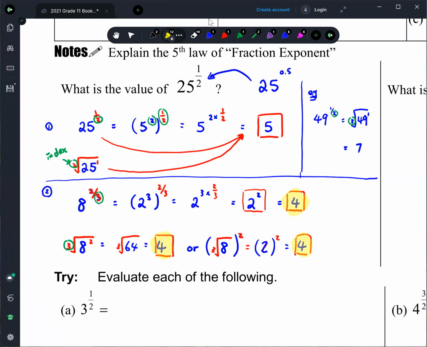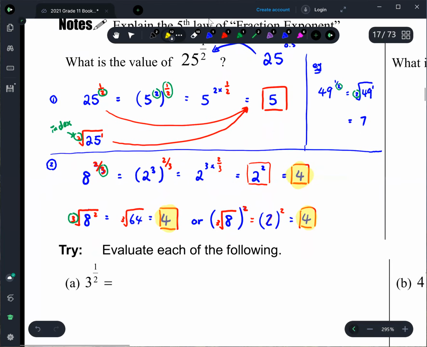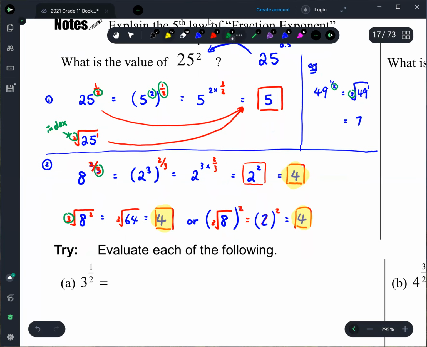So just remember, the only rule you need to master today is the denominator has to go outside. With the 2 examples we see underneath, the second way is better because it makes the numbers smaller first. If we cube root first, the 8 will become smaller and it will be easier to square. If you do the first way, you get 64.